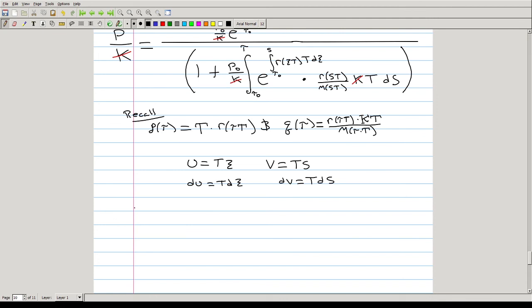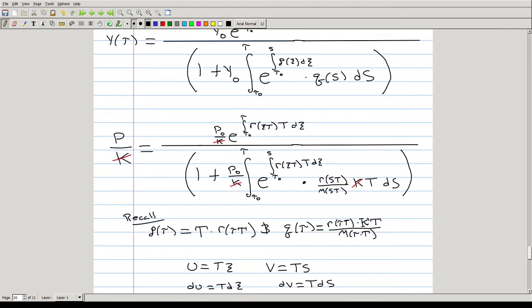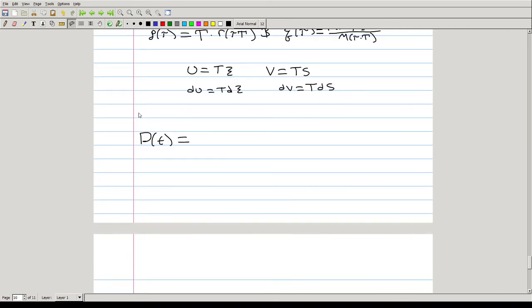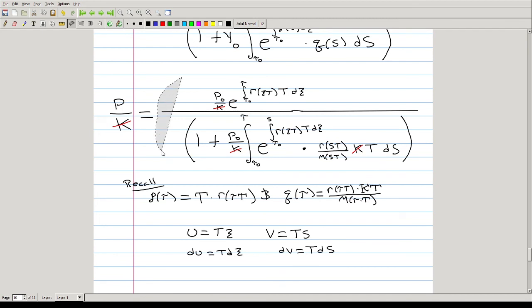So really what this simplifies down to is that p of t is equal to this entire thing, but simplified after we do the u substitution.